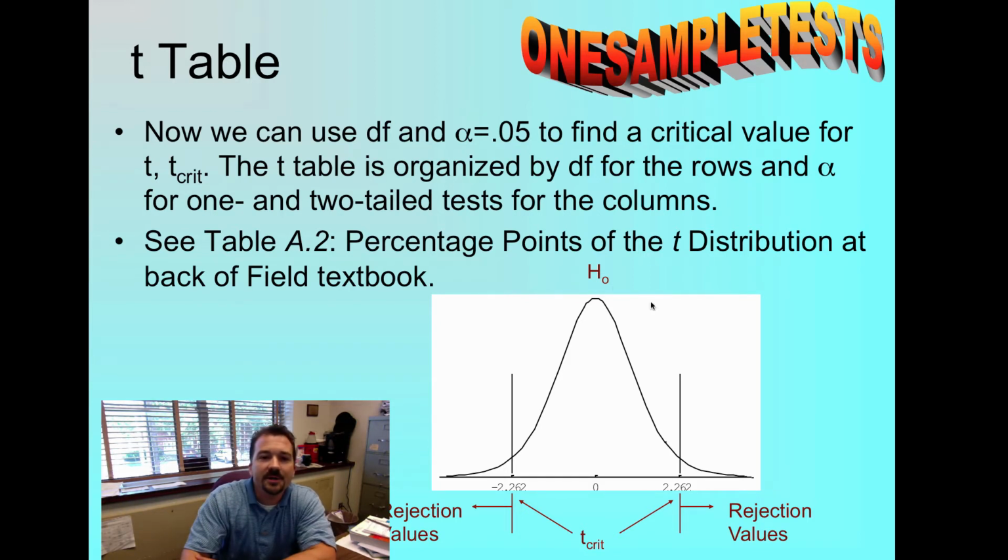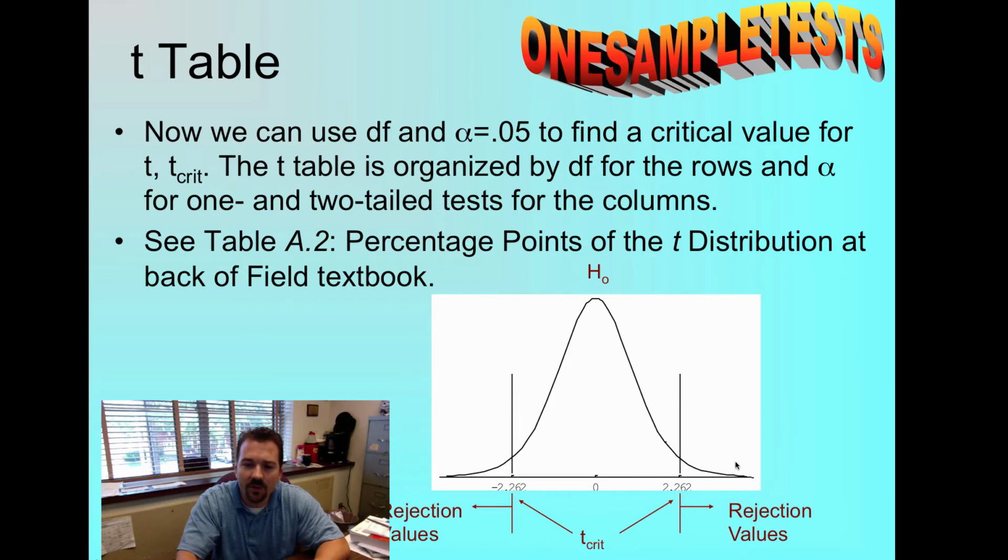What you're going to see in that table is a breakdown of different T values, and also different degrees of freedom and different alpha levels, 0.05 versus 0.01, and we're going to stick with 0.05 because that's the typical alpha level. Degrees of freedom in rows, alpha for 1 and 2-tailed tests in the columns. Again, it might be table 8.2 in your textbook.